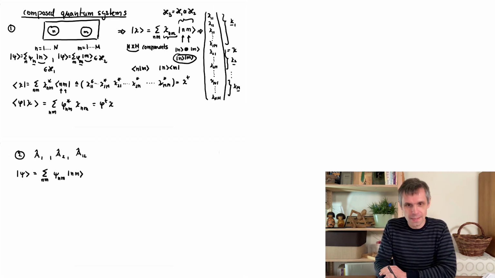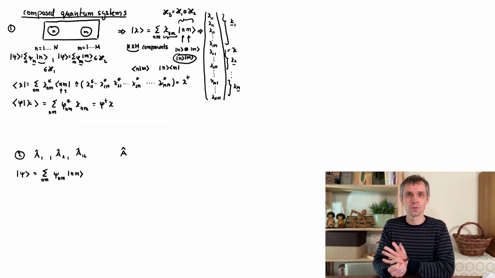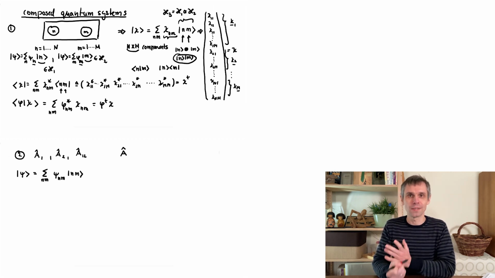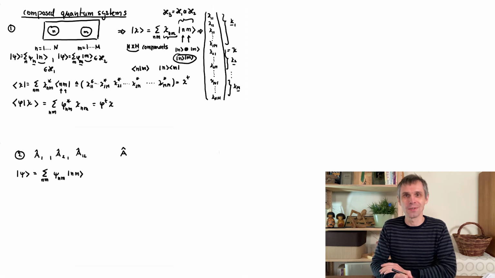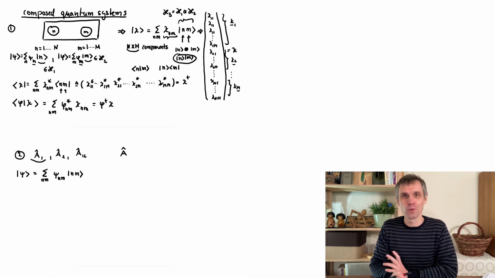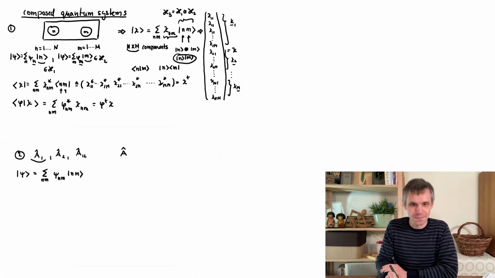What I mean by this is that we assume that if we study this system in isolation, there would simply be an observable associated to an operator A. And now we want to see how we can elevate this to an operator or observable of the composed system. So as indicated here, we would give just an index 1, indicating to which part of the system this observable is connected.